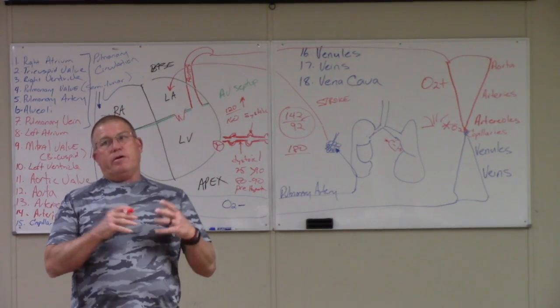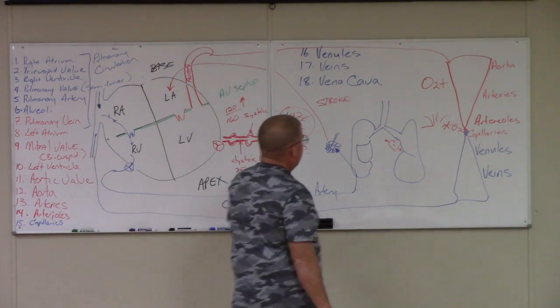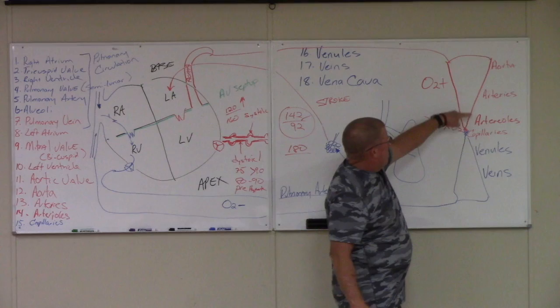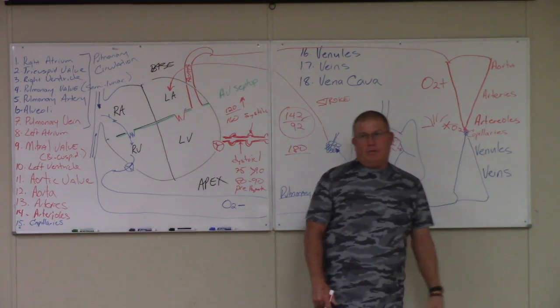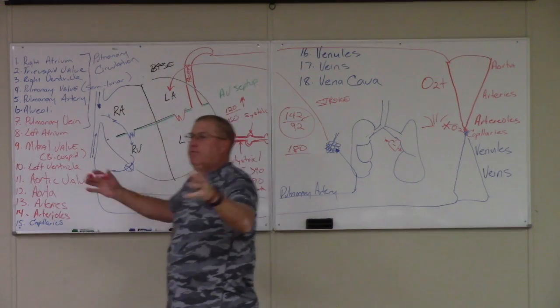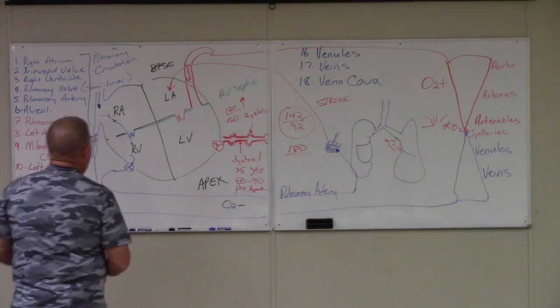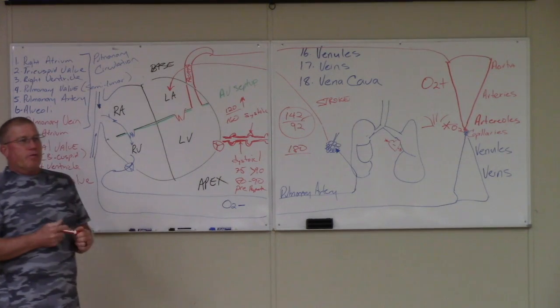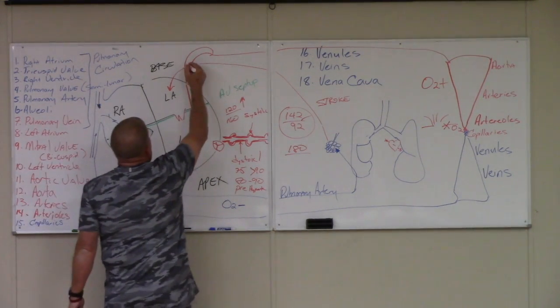The heart muscle is like every other muscle in the body. It has arteries, arterioles, capillaries, venules, and veins, just like every other tissue in the body. The heart gets its oxygen from the right and left coronary arteries that come off of the aortic arch.